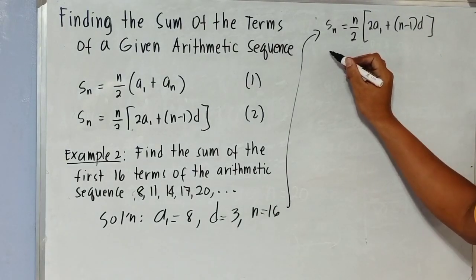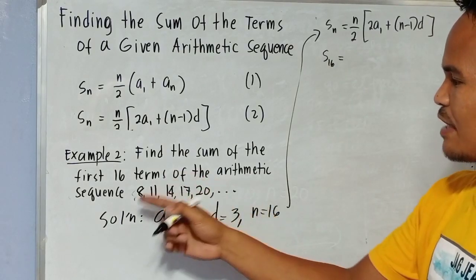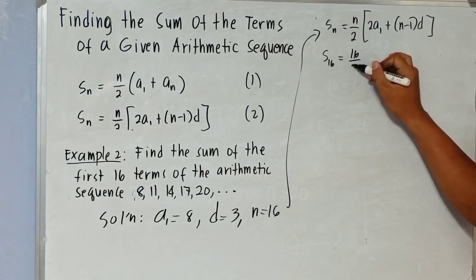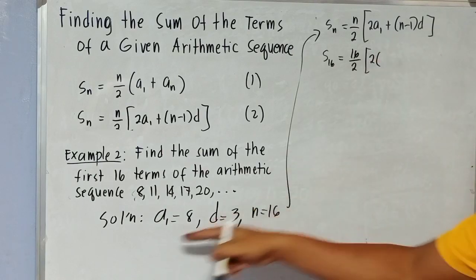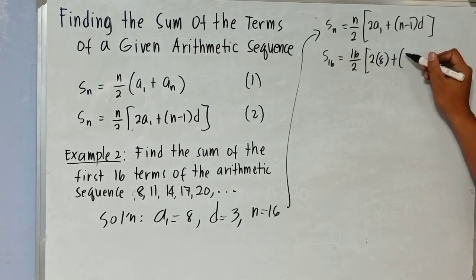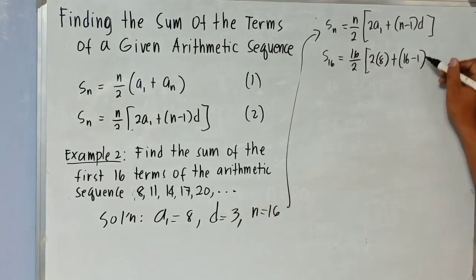By substitution, S sub 16, because we want the sum of the first 16 terms: 16 over 2, times 2 times a sub 1, which is 8, plus n is 16, minus 1, times the common difference 3.